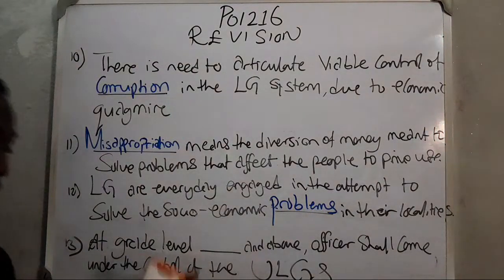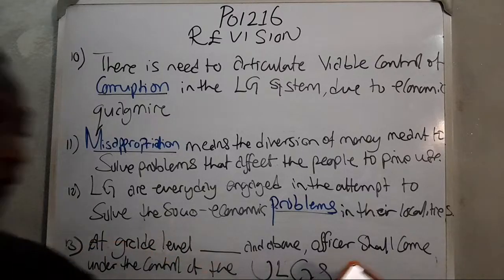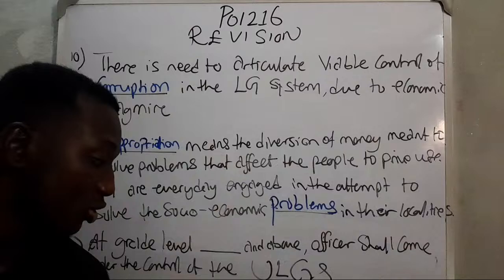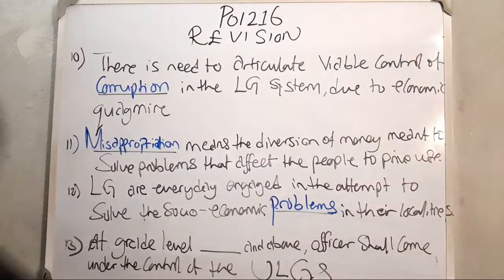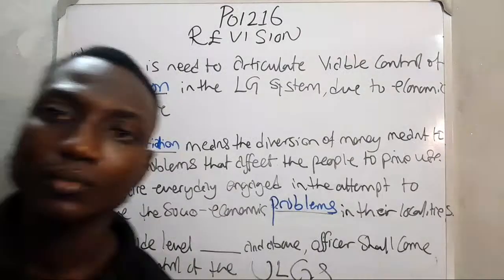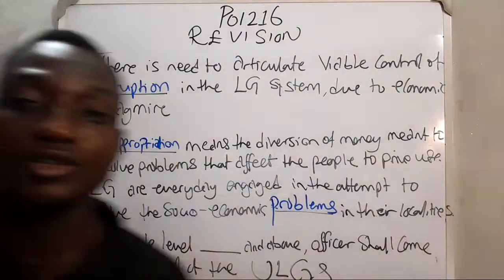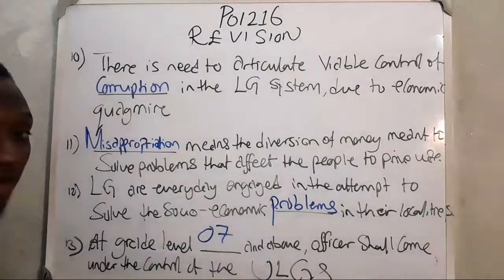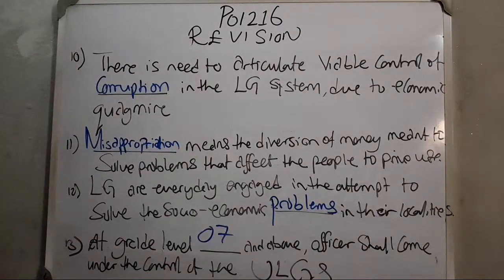At grade level dash and above, officers shall come under the control of the unified local government system. Yes, level 7 and above. Level 7 and above.